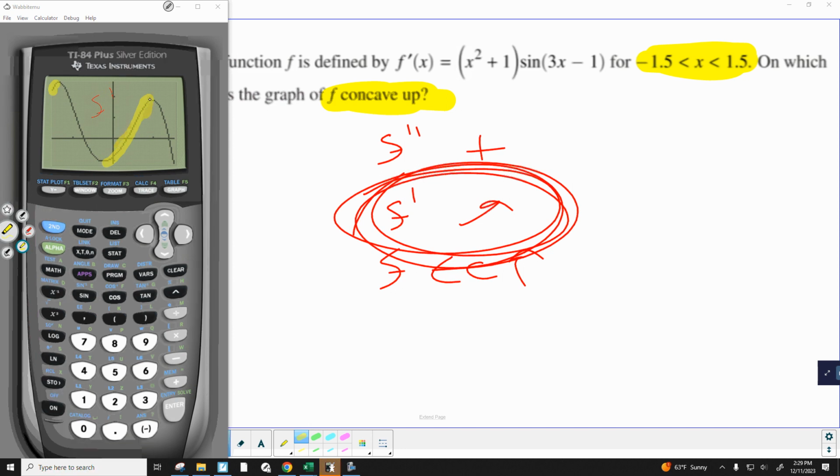How can we find this interval? Well, this is when we use our calculator's ability to find a minimum and a maximum. Second calc min will help us find the location of this min. This will be the location of a point of inflection on the graph of f.